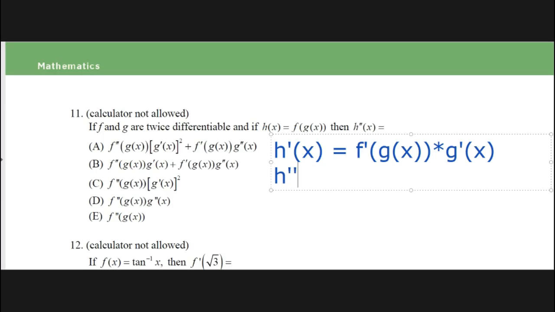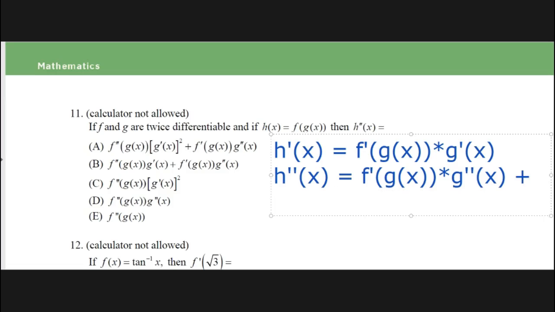Your second derivative then is the first, so that's f prime g of x times derivative of the second plus the second times derivative of the first.